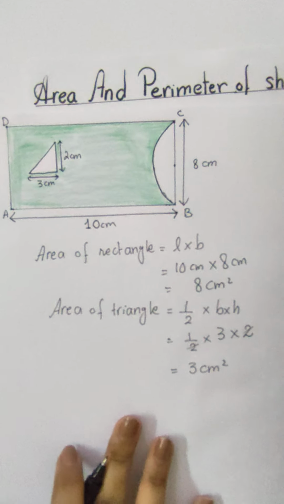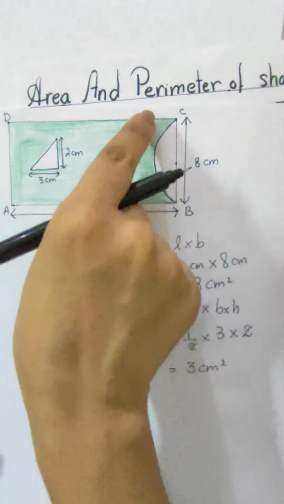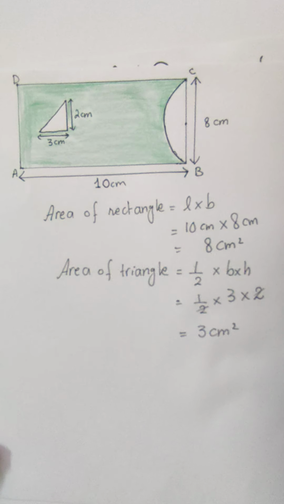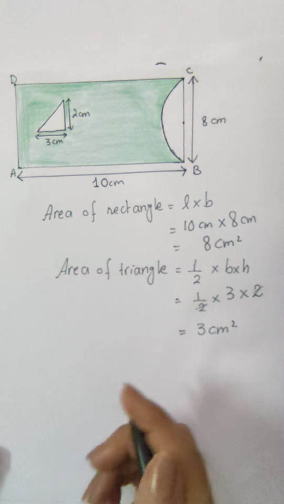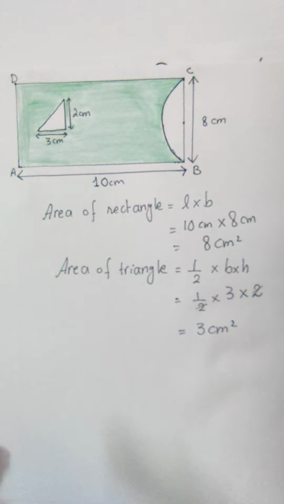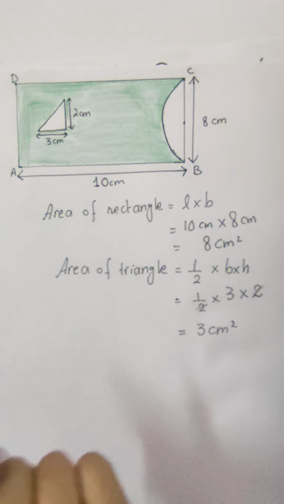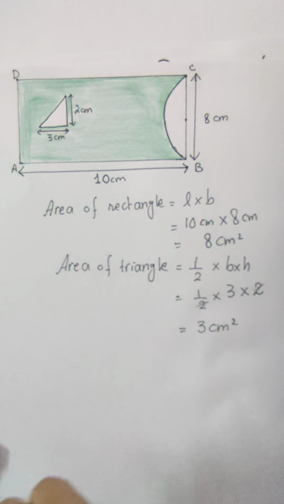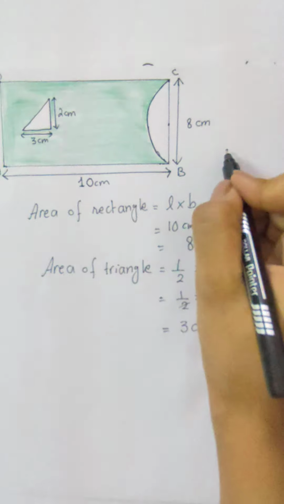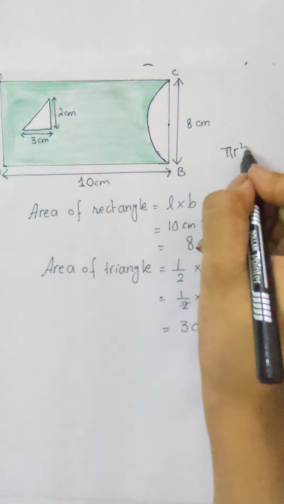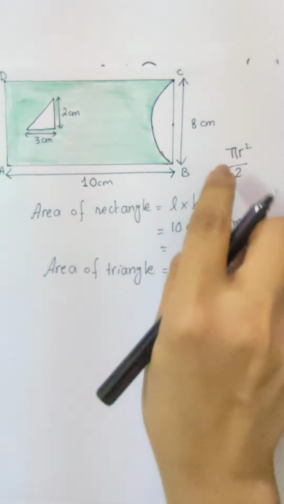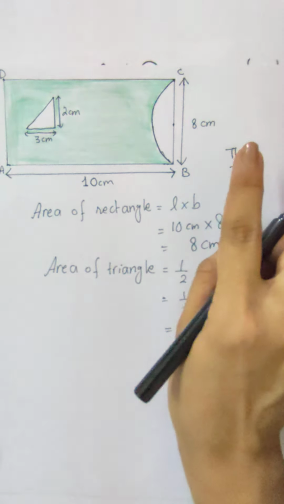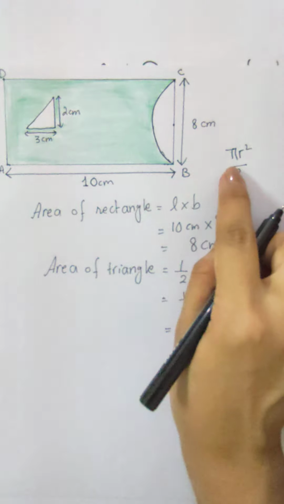One more answer, and the last one is the area of a semicircle. You can see this is the semicircle. Okay, before starting this, let's recall the formula of the area of a semicircle. The area of a semicircle is pi r square over 2. So what is the value of r? We know that radius is always half of the diameter.